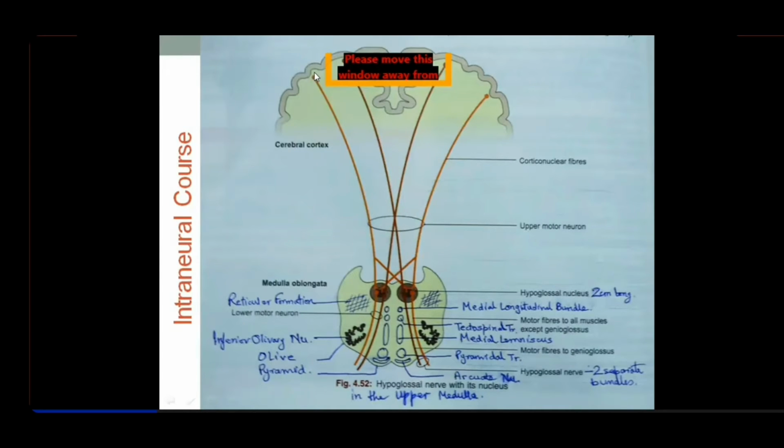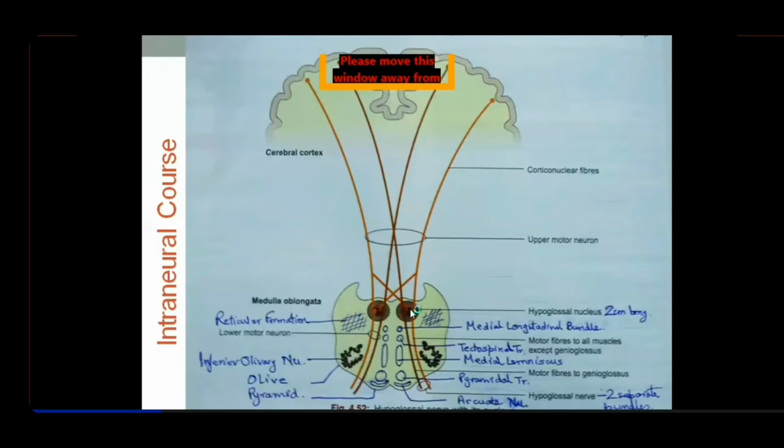The important thing is, look here, these fibers for the hypoglossal nerve nucleus from the cerebral cortex, they descend down and reach both to the ipsilateral and contralateral nucleus of the hypoglossal nerve from both the sides, right? So the upper motor neurons to the muscles of the tongue, they descend down and they reach the hypoglossal nerve nucleus of both the sides, right?